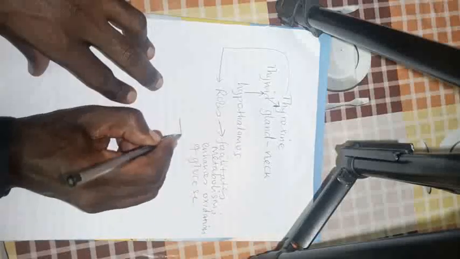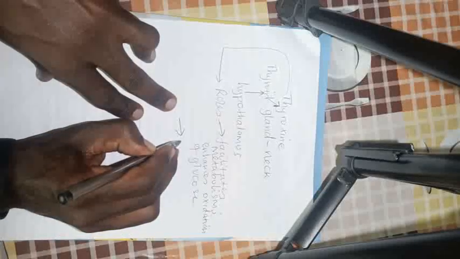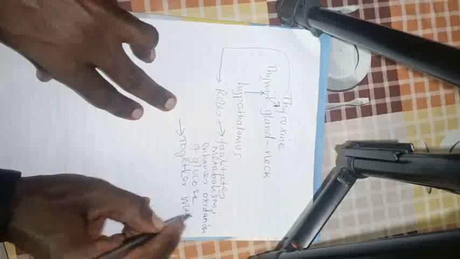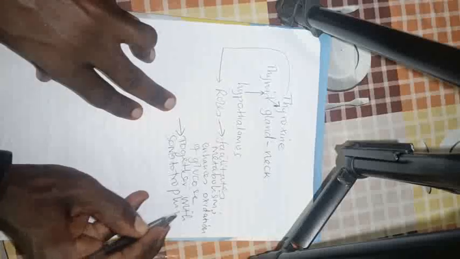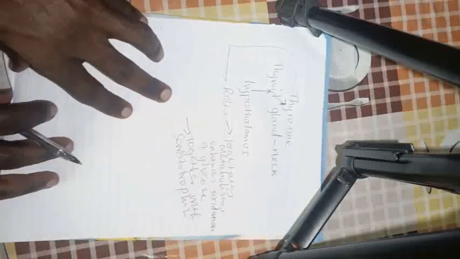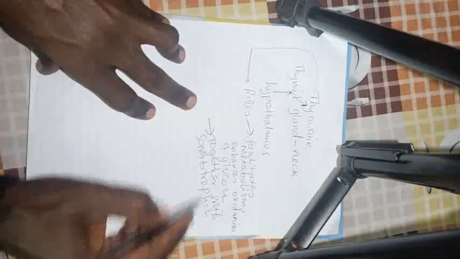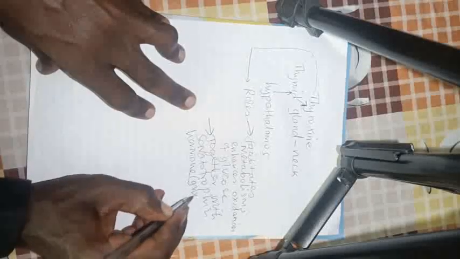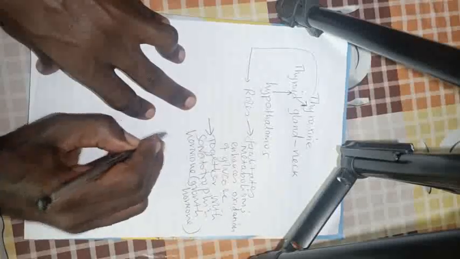Apart from that, thyroxine hormone is believed to work together with somatotrophin, so that means thyroxine hormone works hand in hand with the somatotrophin hormone. This hormone is a growth hormone, and this ends up aiding in the normal growth and development.